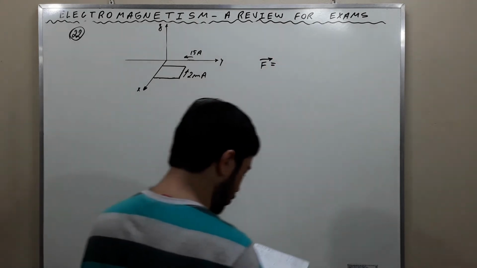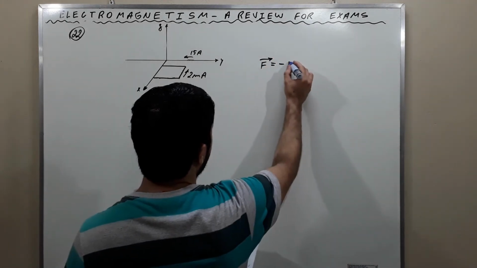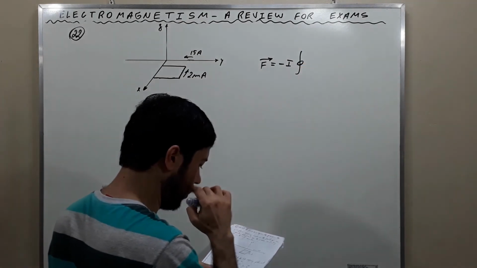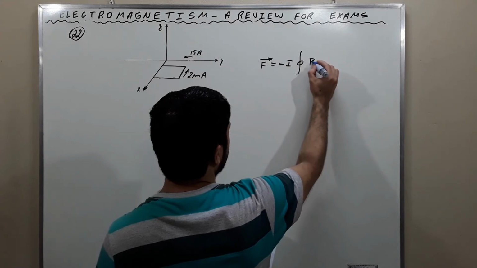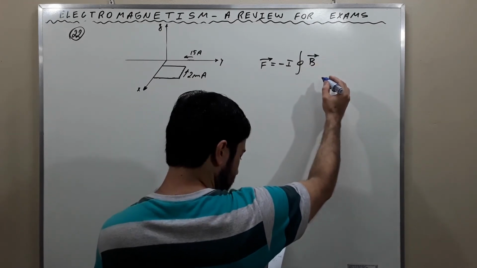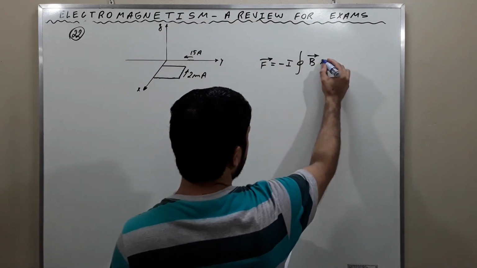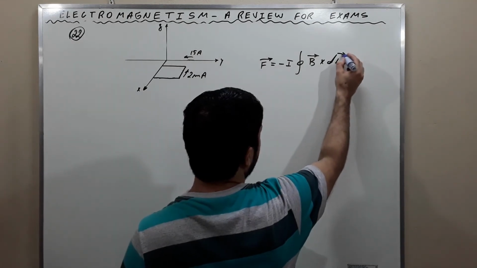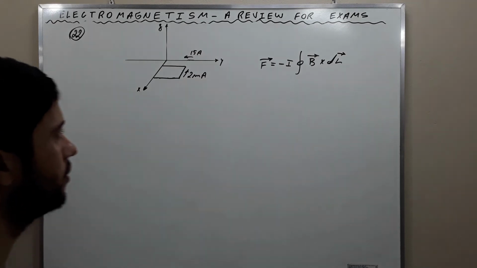And the force will be calculated by the force is equal to negative y times the line integral of B cross dl, or B cross dl.